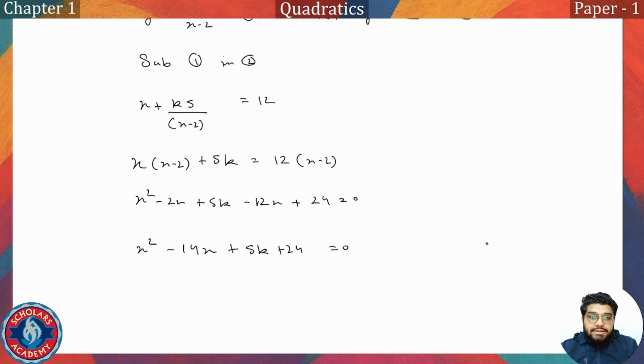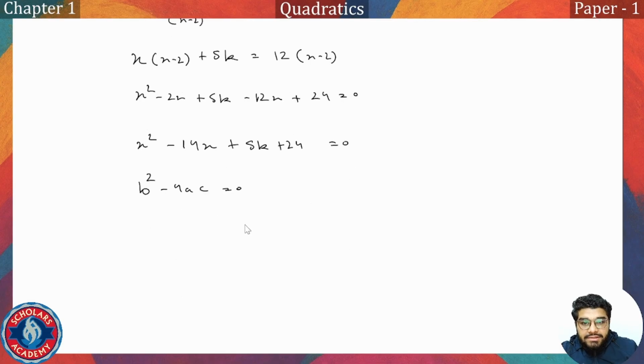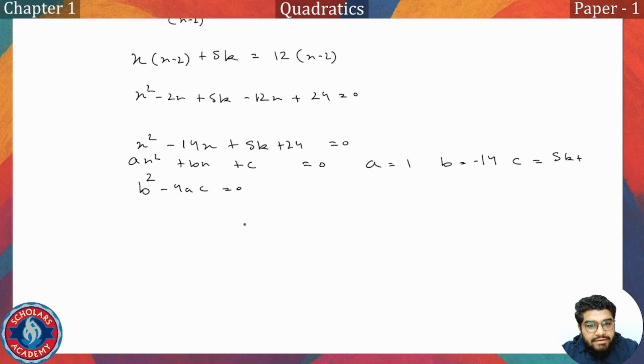So for the line to be tangent, the discriminant of this equation should be equal to 0. So b square minus 4ac should be equal to 0. So we compare this with the general equation ax square plus bx plus c. We get a is equal to 1, b is equal to negative 14, and c is equal to 5k plus 24.